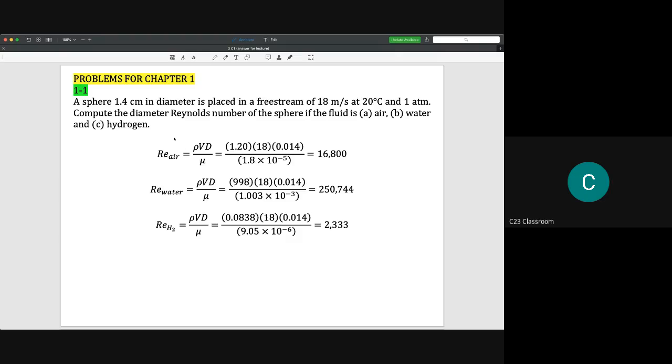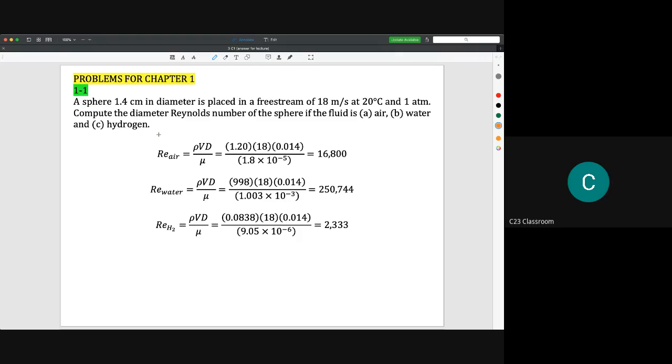I hope you can remember the equation of the Reynolds number, but the most important thing you need to know here is the correct equation to calculate it.